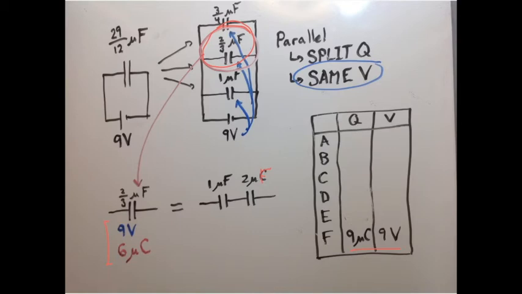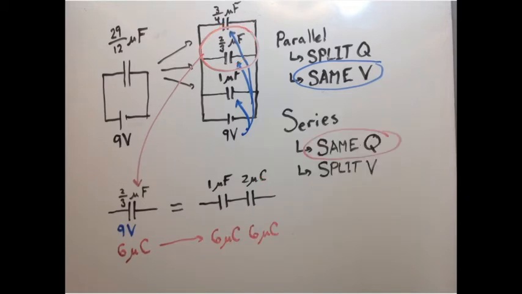Ooh. All right, well, so now we're going to have to go back and reference our rules on series capacitors, meaning what is the same and what is split for series. Thank goodness I know the answer. Series capacitors have the same charge, but they split the volts. Same charge, split volts.